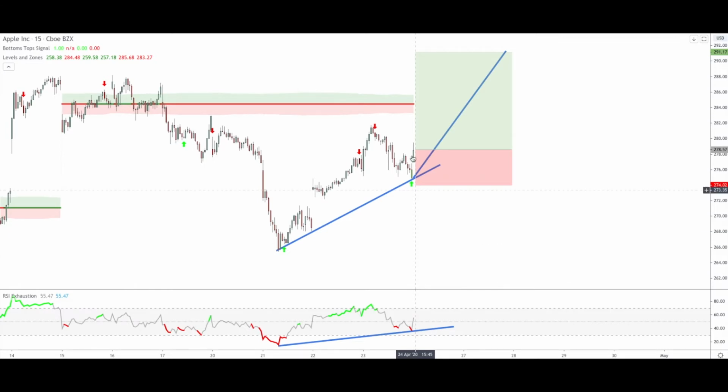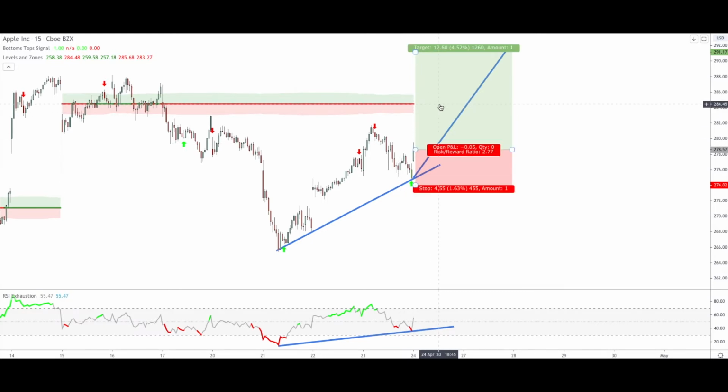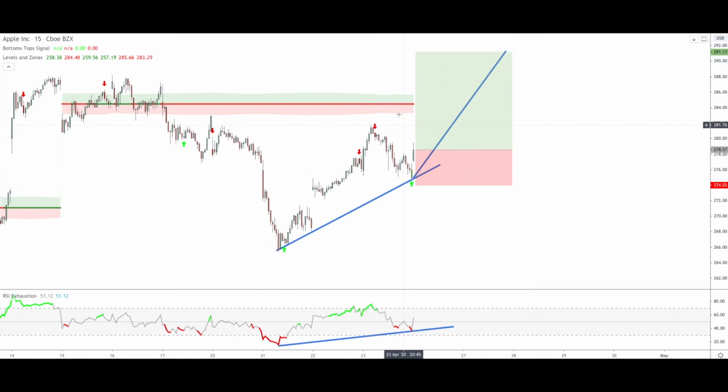The only concerning thing that I have is that we have a major resistance here. This might pose some problem in the future of the trade because usually when you have resistances or supports given by the levels and zones, these are major resistances or supports.